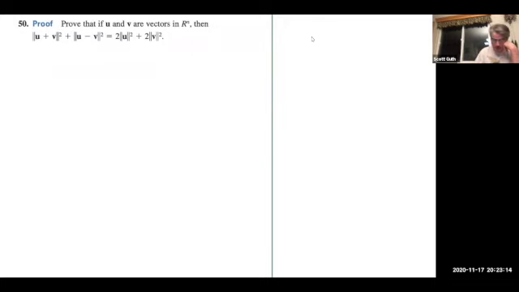So if you have the norm of u plus v plus the norm of u minus v, you just need to remember that. Oh, and these are squared. So that's great because that's just the dot product of the vector with itself when you have the norm squared.